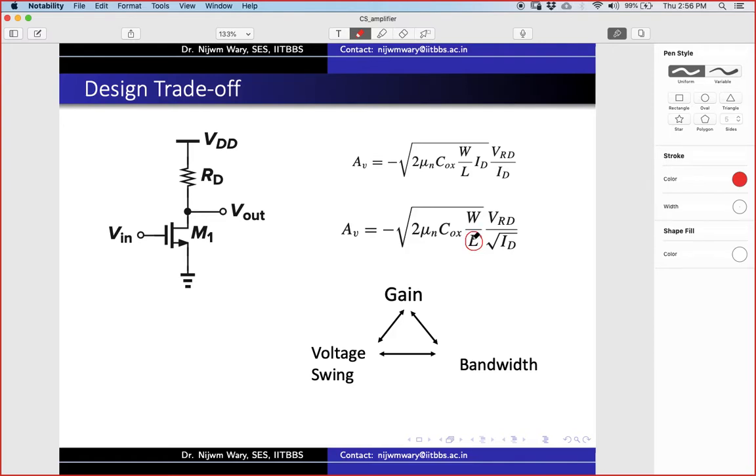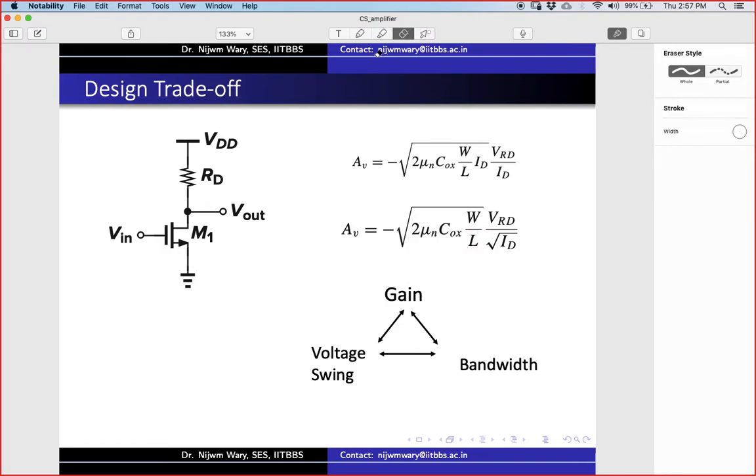So gain is getting higher, but there are some other issues with going for lower technology. Even though we are going for higher technology, 65 nanometer, 28 nanometer, the gain is reducing because of some other reason which we will discuss a little later, not because of this one.